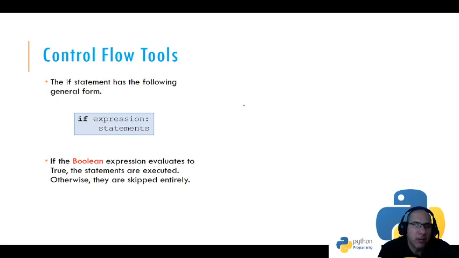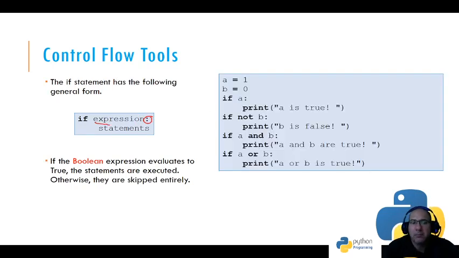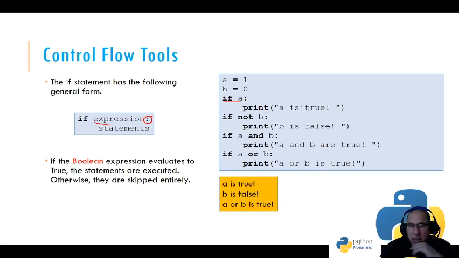The second part of the control flow is the if, the conditional statement. The if expression, then a statement followed by a colon. We may extend it or have a program just like this. Any value other than 0 is true, because a is 1, a is true, so it will print a is true here, because there is no else.